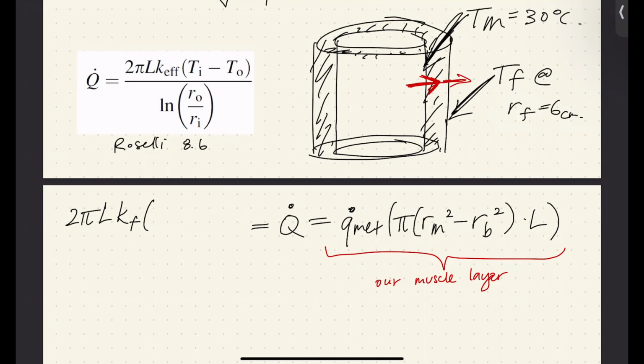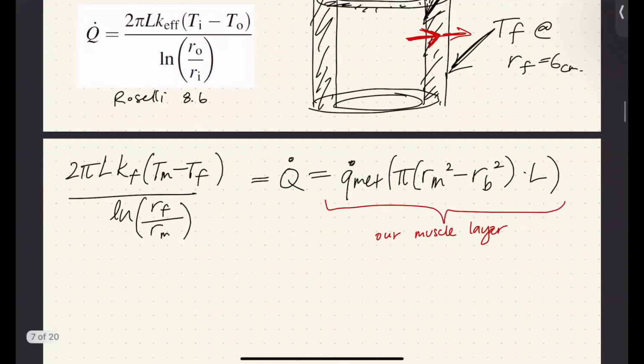So we write Tm minus Tf over the natural log of the radius out, radius F, over radius muscle. Keep this in mind, it's really easy to mess up here.